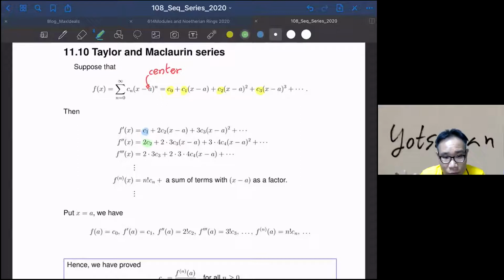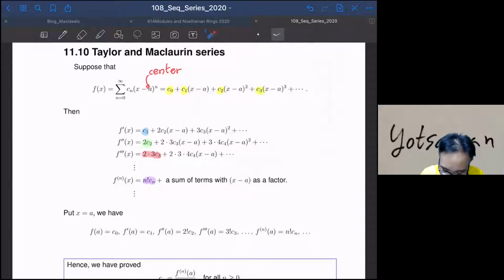And f triple prime will be 2 times 3c3. And the nth derivative is going to turn out to be n factorial c_n, which is the constant, and you're going to have other terms in terms of x minus a.